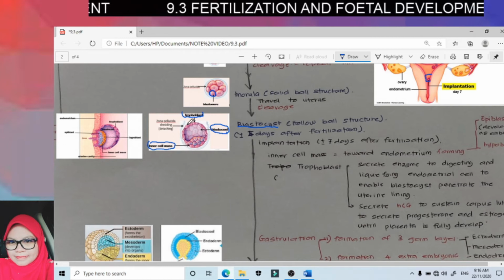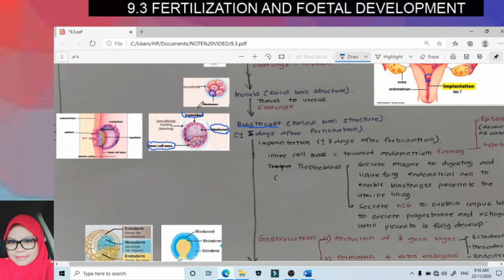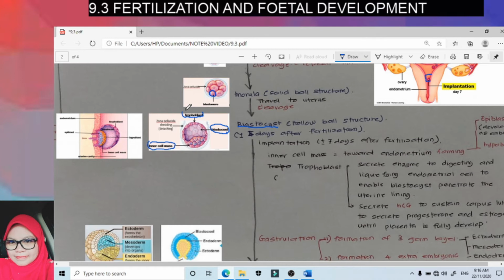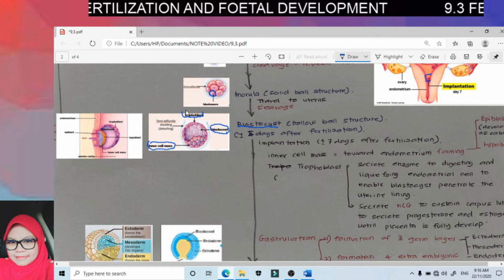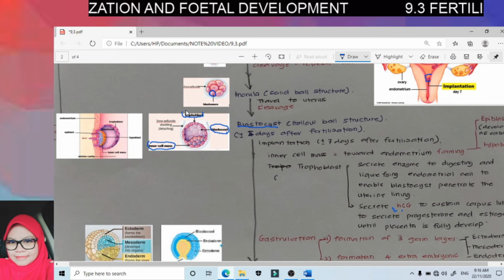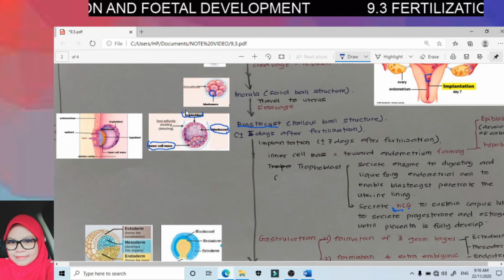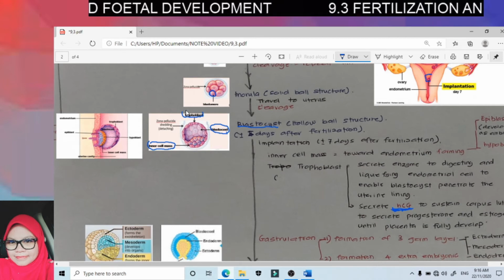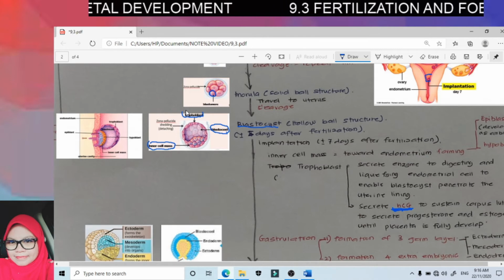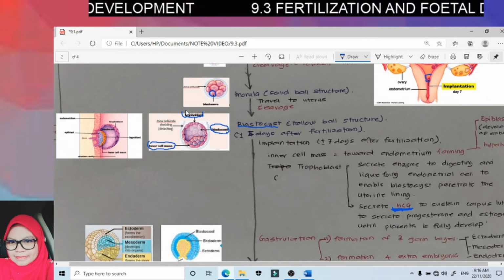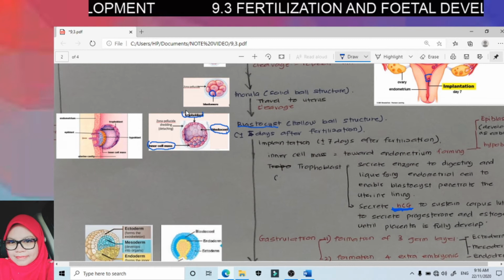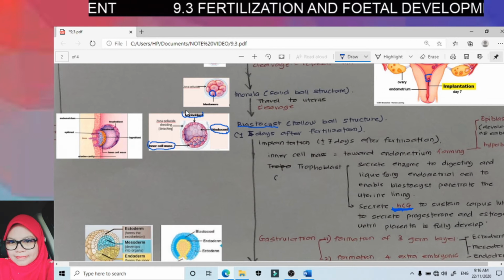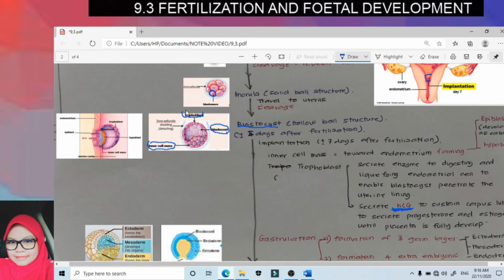Other than that, this trophoblast structure may secrete a hormone called human chorionic gonadotropin. This hormone is important to sustain the corpus luteum to secrete progesterone and estrogen until the placenta is fully developed.